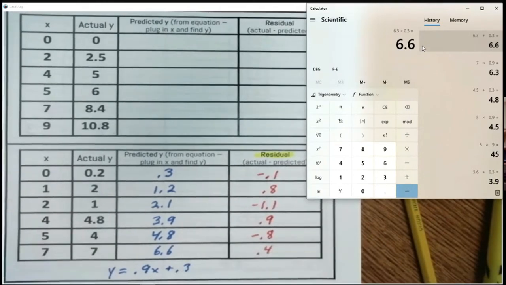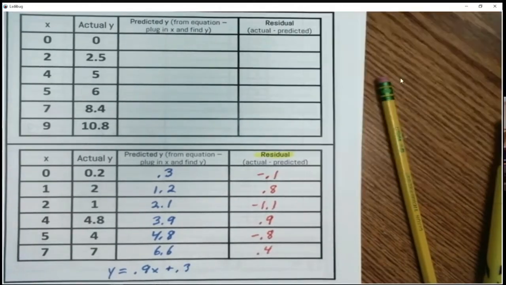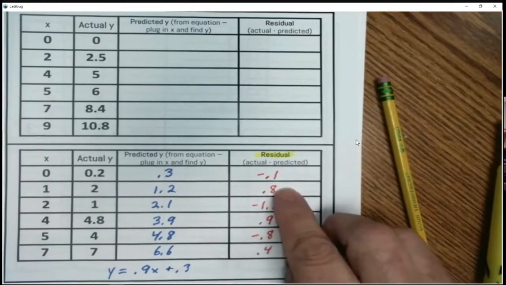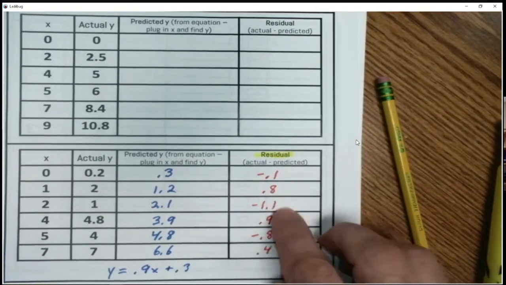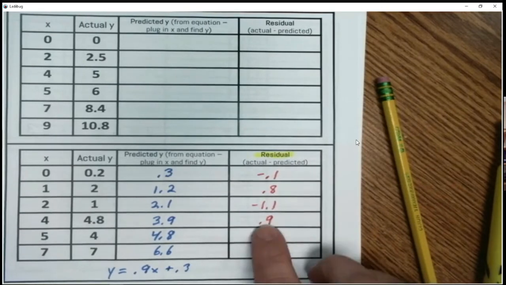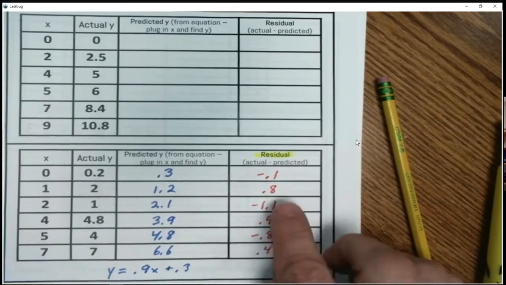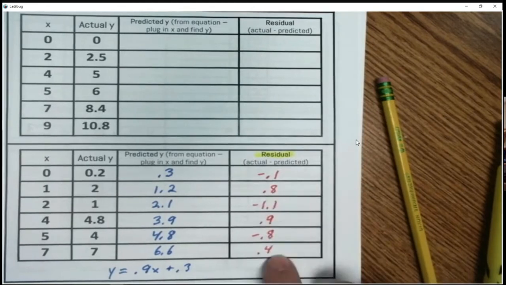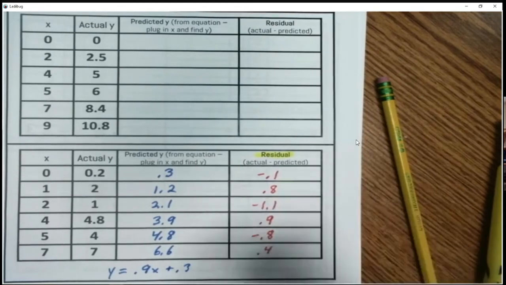All right, so we see all of the residuals are pretty close to 0. This one's 1.1 away from 0, this is 0.9 away from 0, but all the others are closer than that. Negative 0.1, just 0.4. So they're all pretty tight to 0, which means our line isn't too bad because the residuals are all very close to 0.